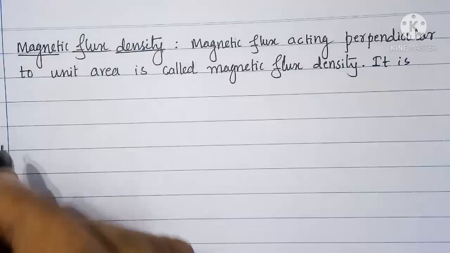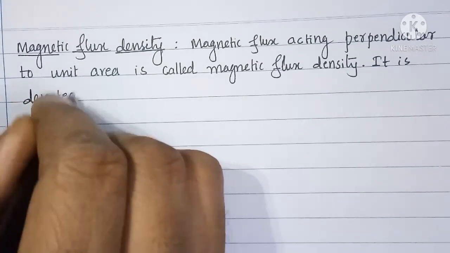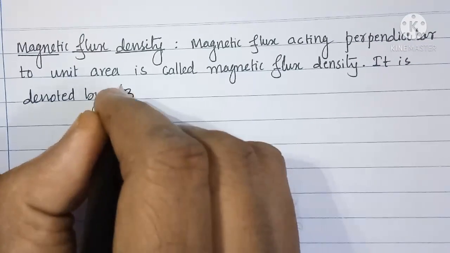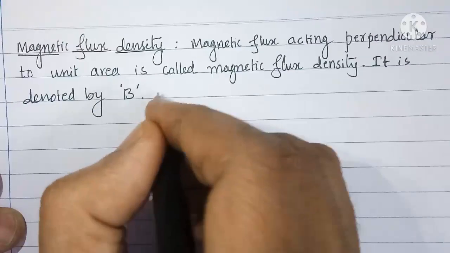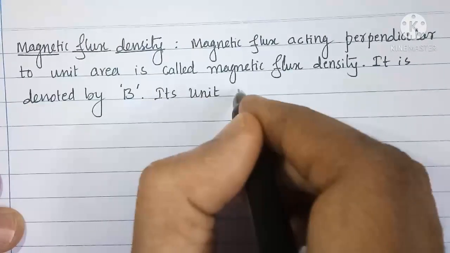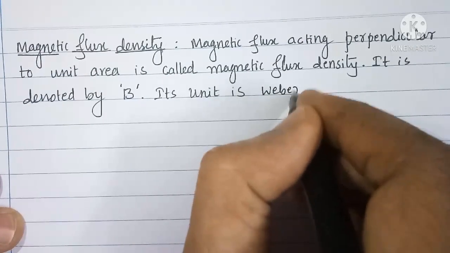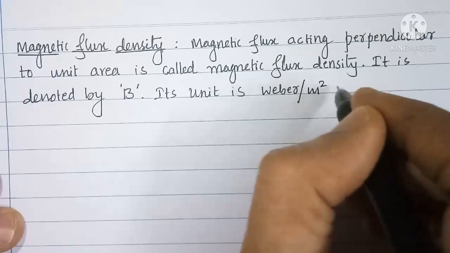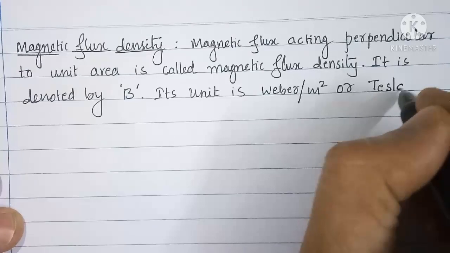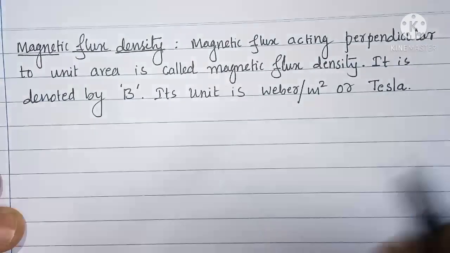It is denoted by capital B. Its unit is Weber per meter square or Tesla. 1 Weber per meter square means 1 Tesla.